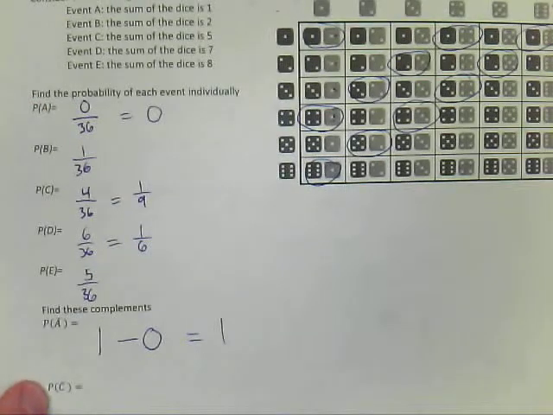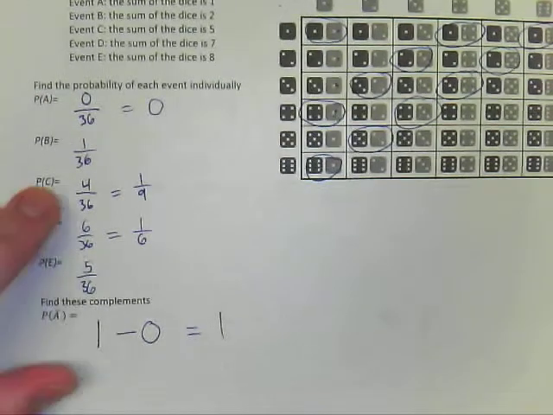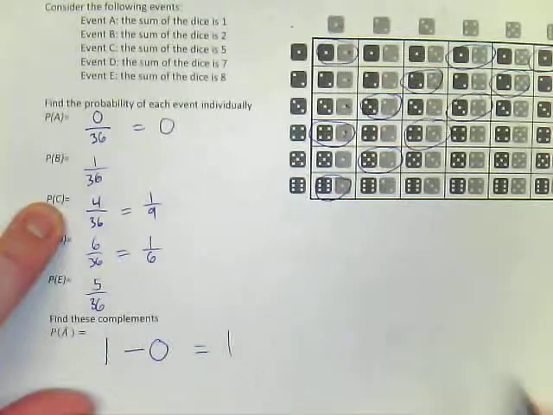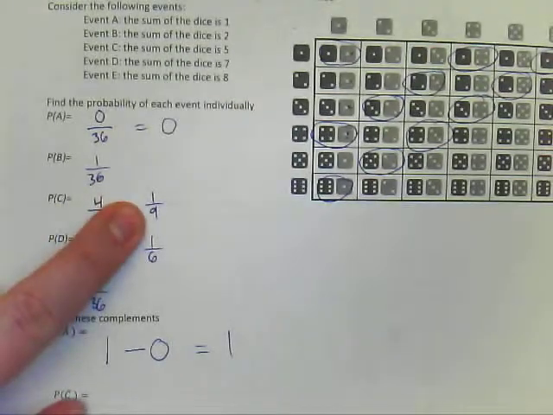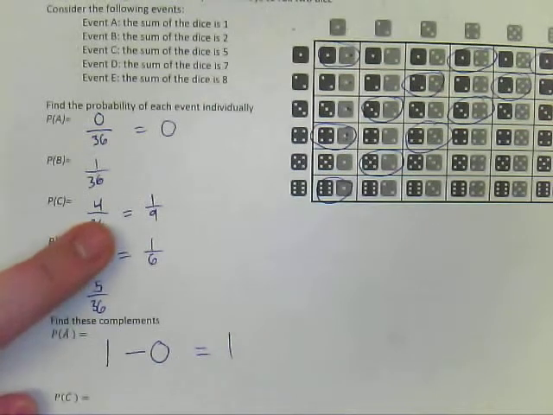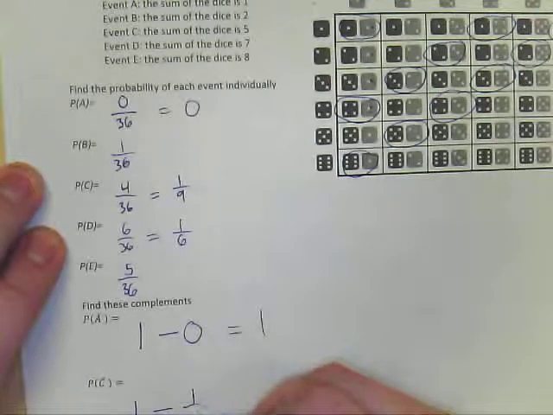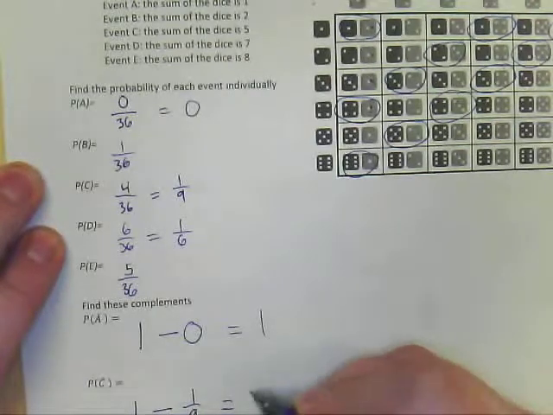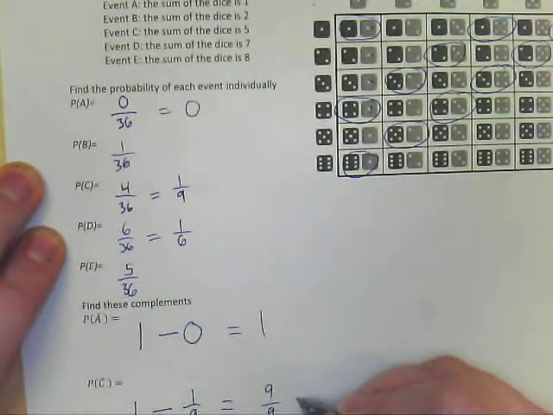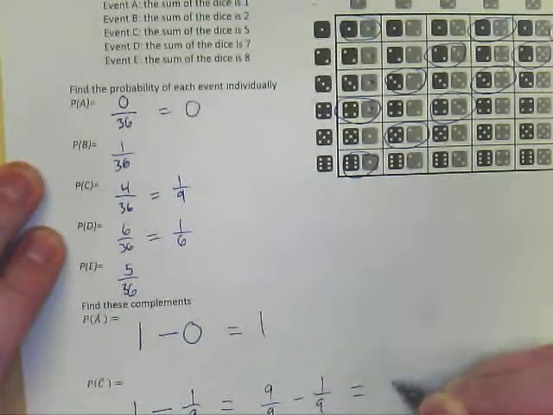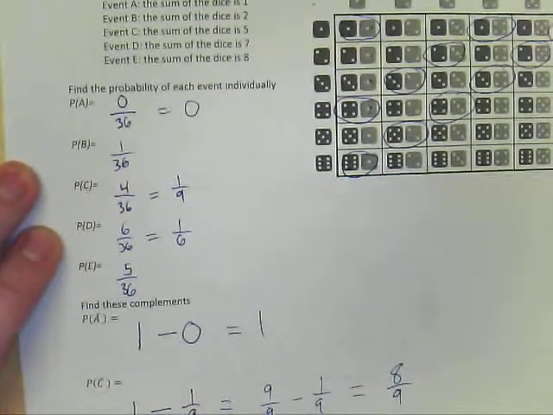Okay, let's look at the complement of C. So again, C was the sum of dice being 5. Well, there was a 1 in 9 probability of getting a 5. So what we could do is take 1 and subtract off 1/9. Well, 1 could be written as 9/9, minus 1/9 is going to be 8/9.